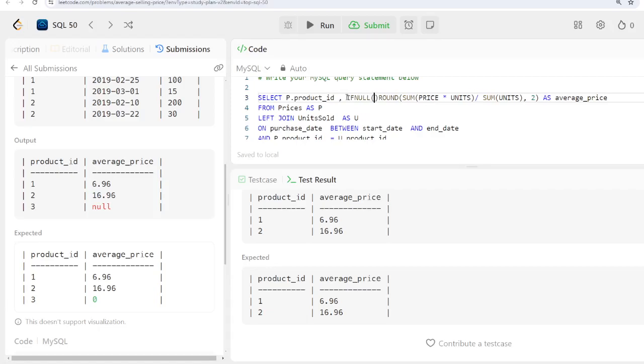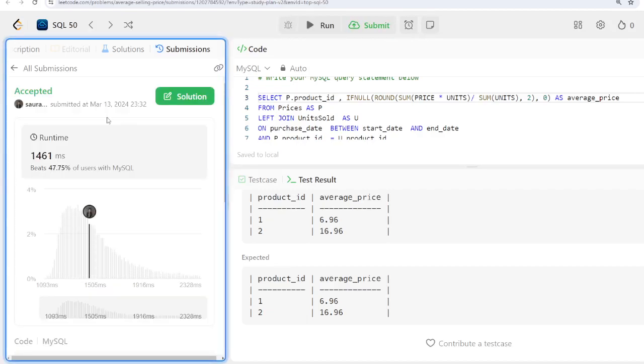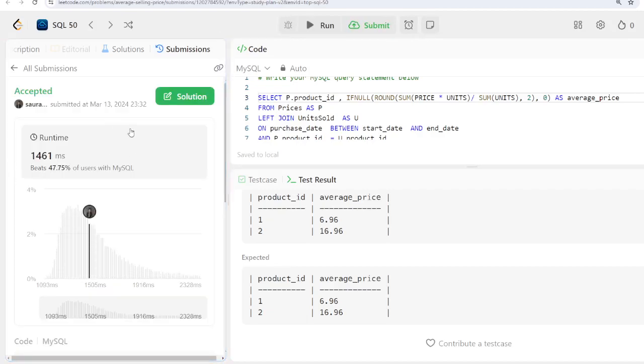So if this average price is null, then give it as 0, and now let me again submit. Okay, so now it gets submitted successfully.